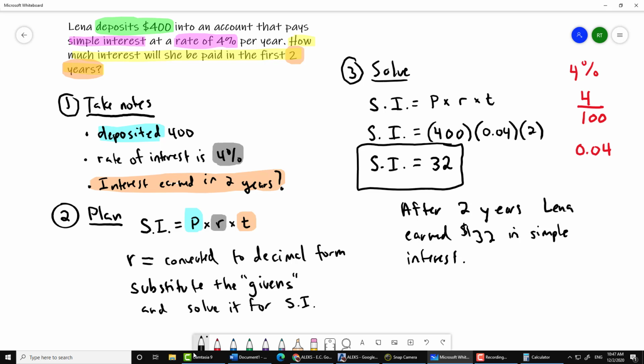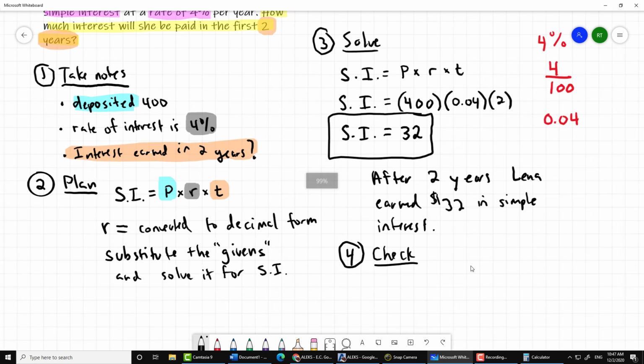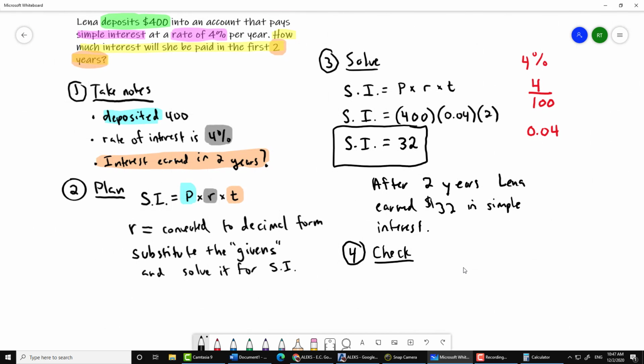And that is it. Step 4 is pretty much you check your work. So does your answer make sense? Did you do your calculations correctly? And in this case, remember, it's just a simple formula where we just multiply the numbers together. So I would just make sure that I used the correct definition of the interest rate when I converted it, because that's pretty much the only calculation we really had to do.